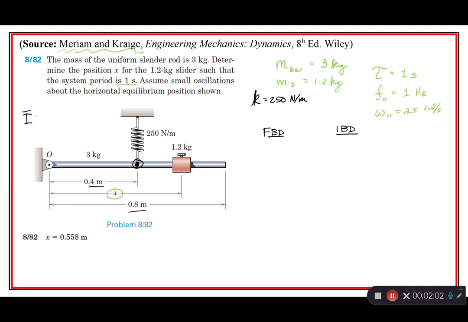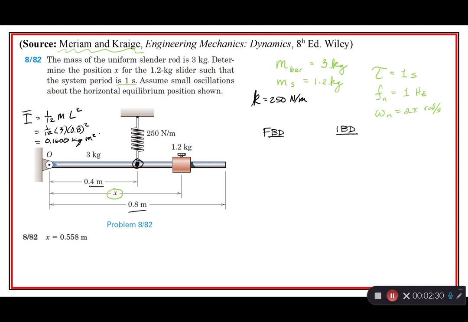I'll just go ahead and do it the way I've done it here. So anyway, this is 1/12 m L squared, right? So we take this and go 1/12 times 3 times 0.8 squared, or 0.16 kilogram meter squared.